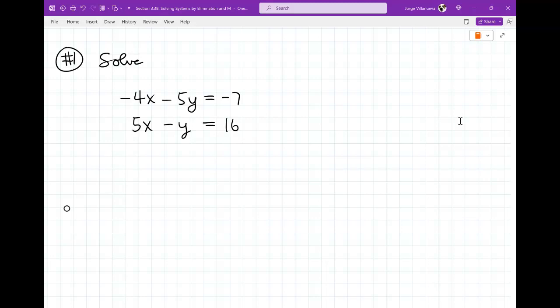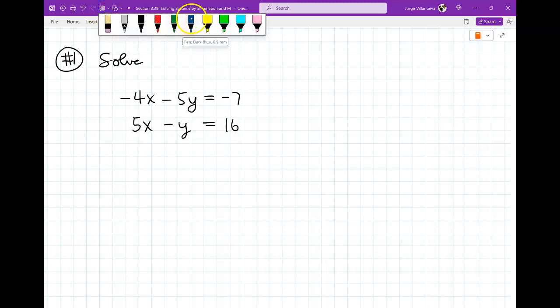My only decision is which letter I want to get rid of, x or y? Y, all right. So we chose y. It doesn't matter which one you do, we just have to get rid of one. So this is what I'm going to do.